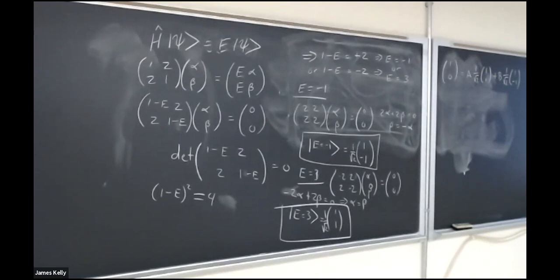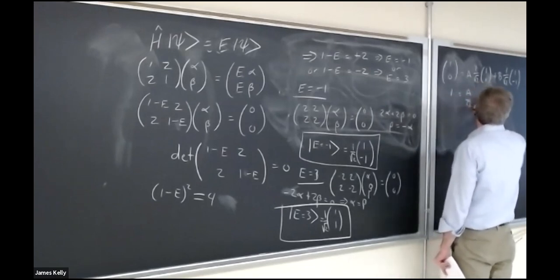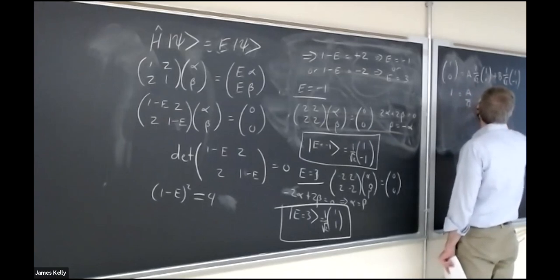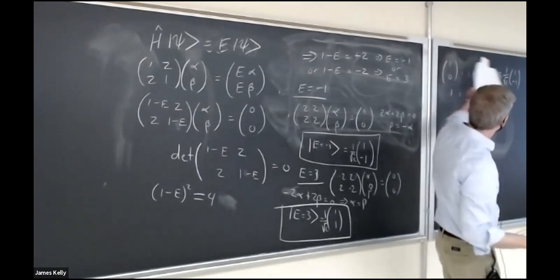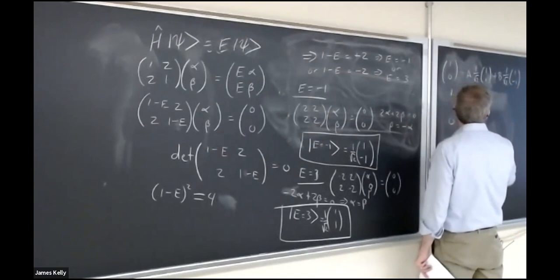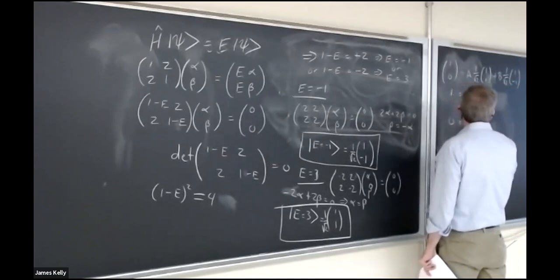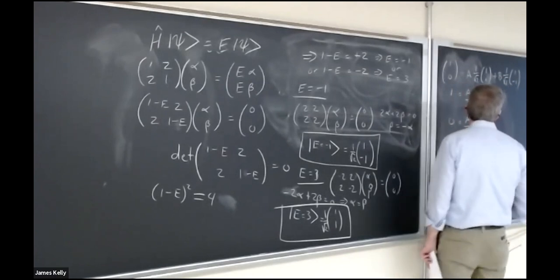And that's a system of two equations, and I've got two unknowns, A and B. I want to figure out what those A's and B's are, right? So that's telling me that 1 equals A over root 2 plus B over root 2. That's the upper row. And then the lower row is telling me that 0 has to be equal to A over root 2 minus B over root 2.